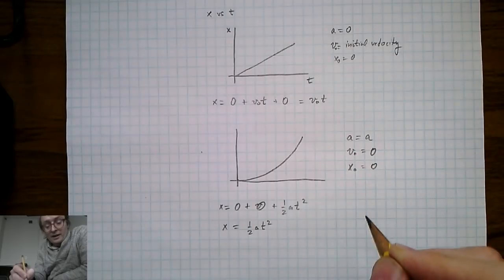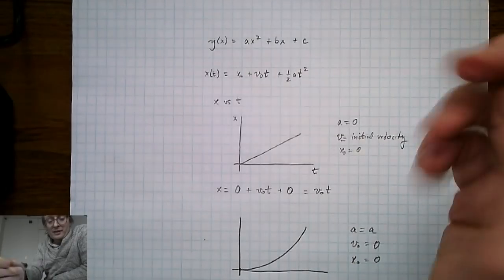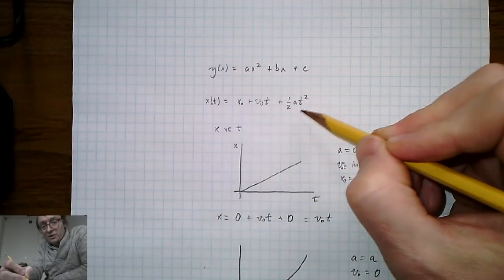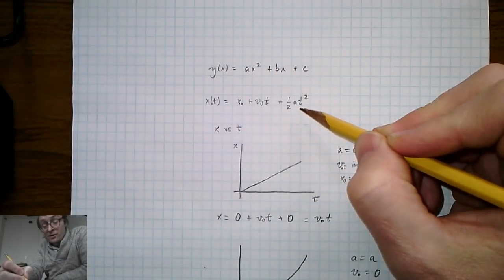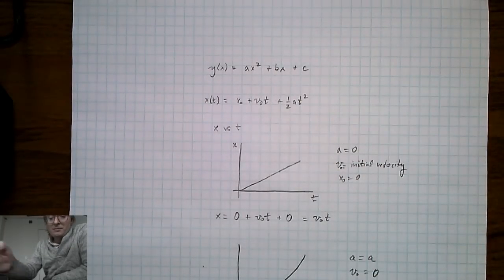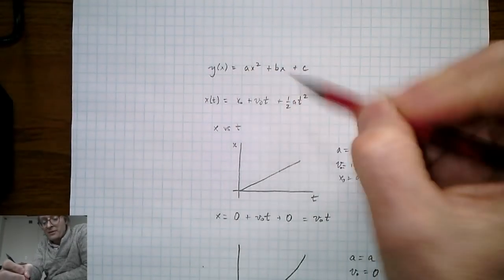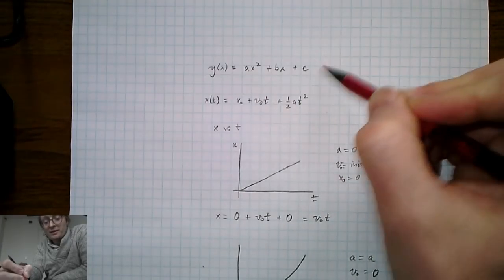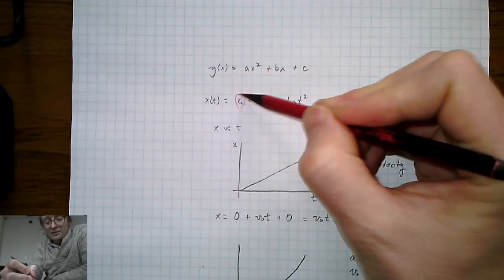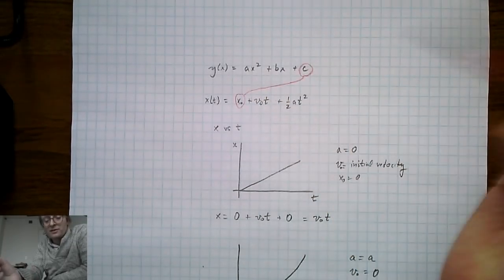Okay, and so really critical thing here is to realize that this one-dimensional equation of motion is nothing other than a second-order polynomial. Each of these terms maps to one of these math coefficients. This is how we talk about it in math class. This is how we do it in physics class. So I can see my c term is essentially just x naught.